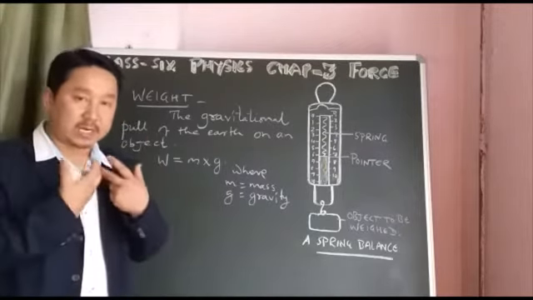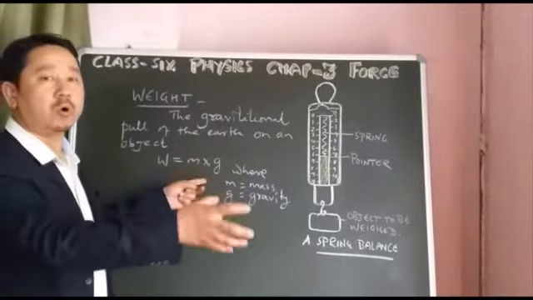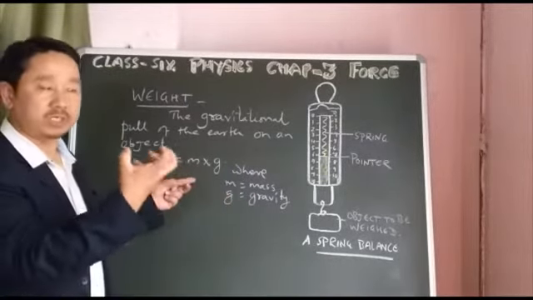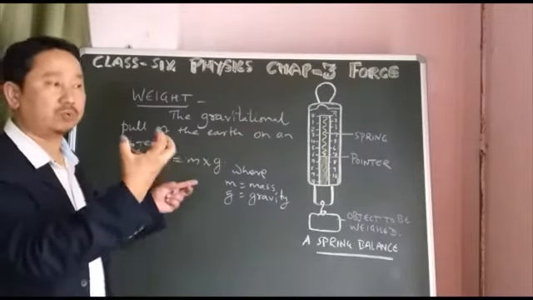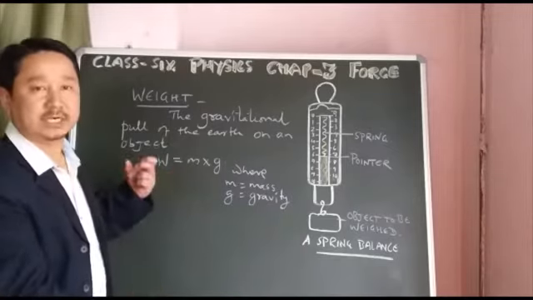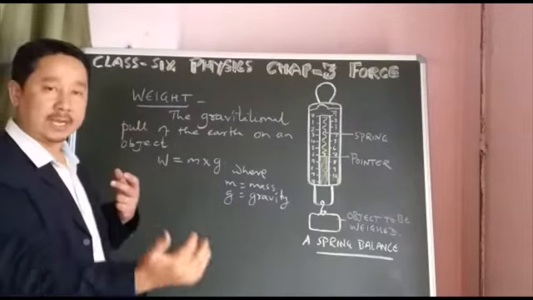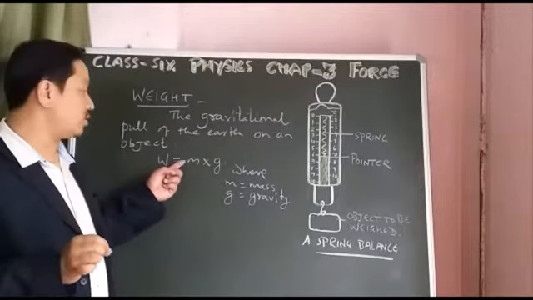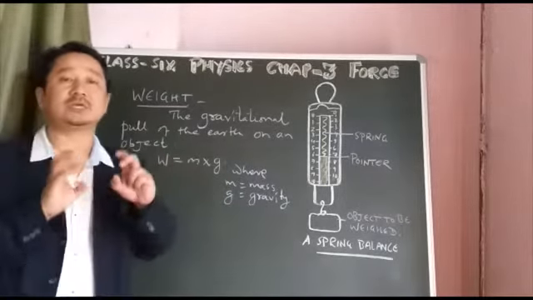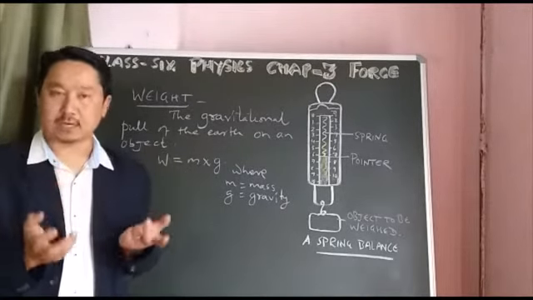It is the matter contained in my body into the force of gravity, the pulling force of the earth with which I am pulled towards the center of the earth. That product of my mass and the gravity of the earth is the weight. But mass, as I have told you, is the quantity of matter contained in an object.